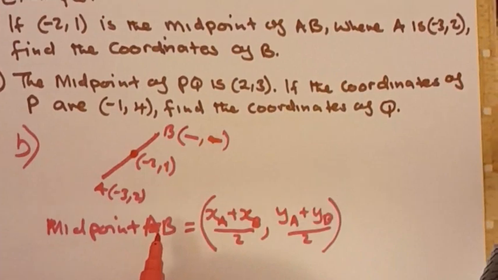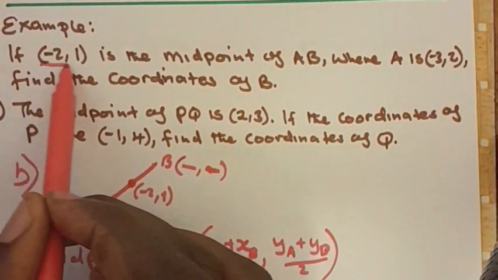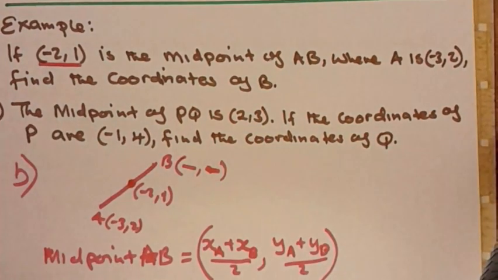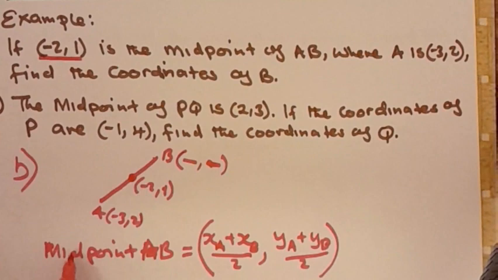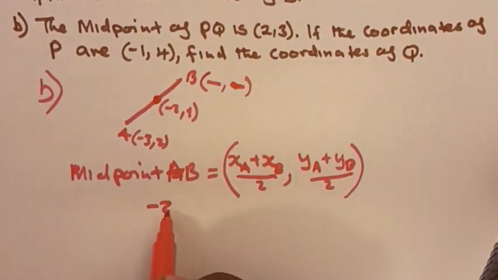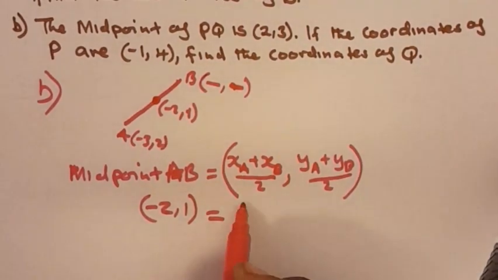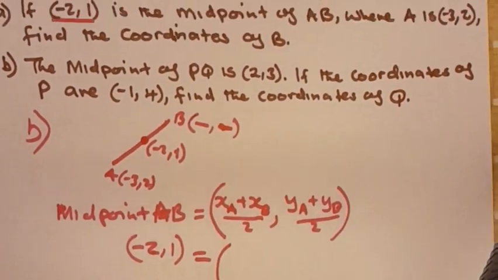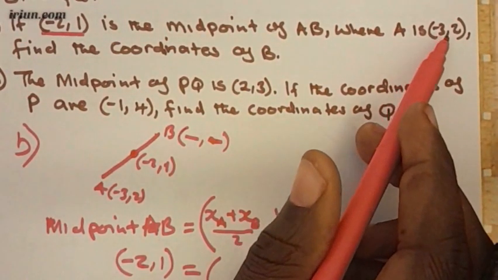So when you look at this question, we have been given that the midpoint is negative 2, 1. So here, where there is midpoint, we're going to put negative 2, 1 is equal to, so the coordinates of A are negative 3, 2.